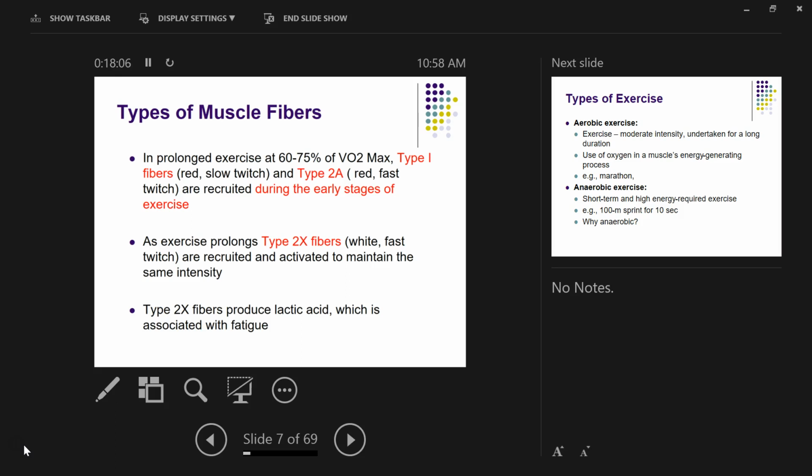So in the early stage of exercise, like a marathon, your muscle will usually use a lot of type 1 and type 2A fibers. But when exercise goes longer, then type 2X fibers are also recruited to try to maintain the same intensity of exercise, right?